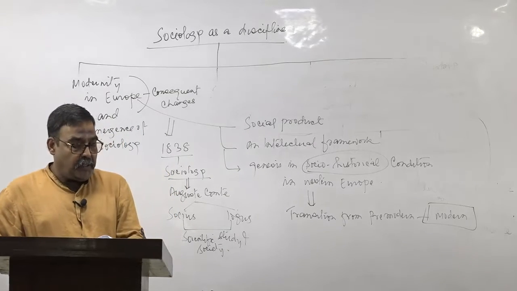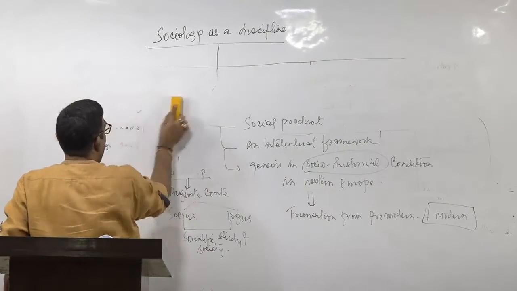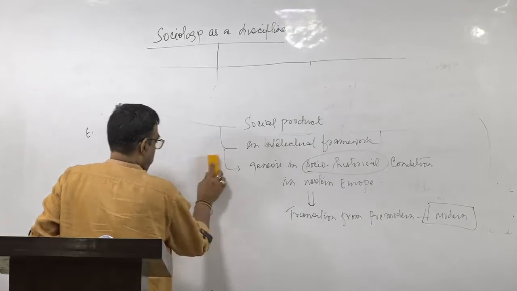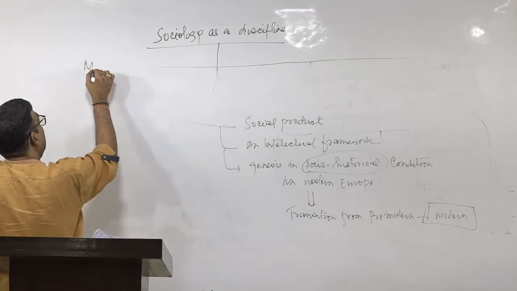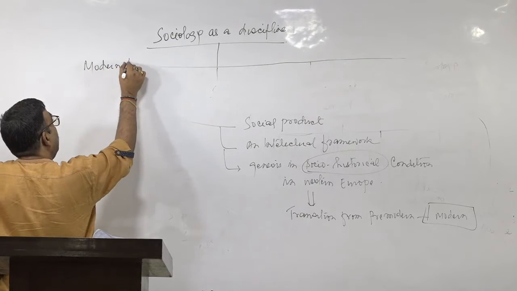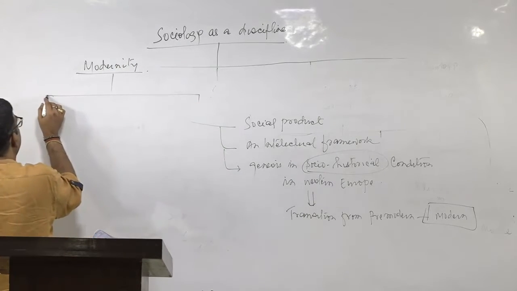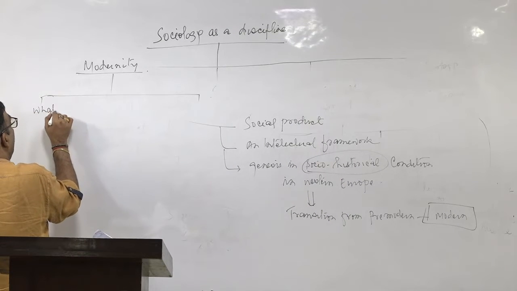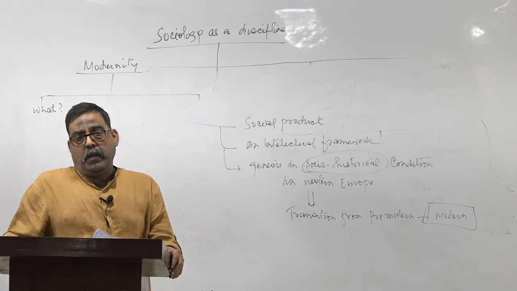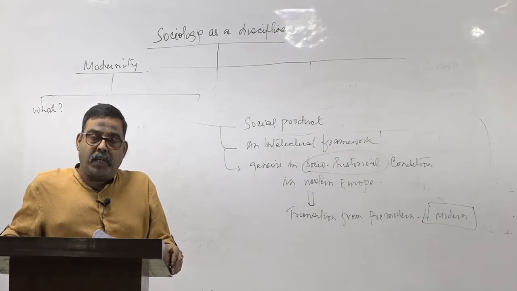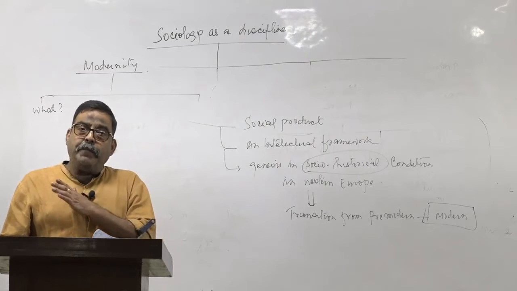And here, when you look at what modernity is all about, we first need to define modernity. What? How to view it? This is yet another dimension that we need to understand. Modernity broadly has been viewed from three perspectives.